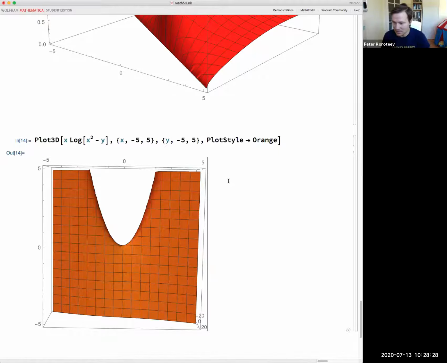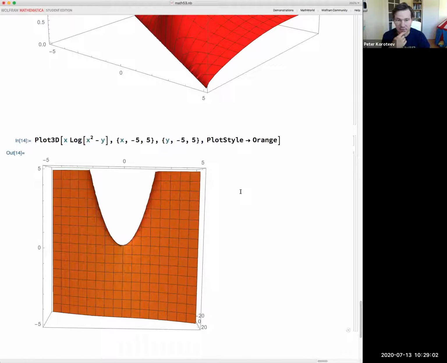So there was a question from Sarah about the domain and range. So Sarah, what's the domain of this function? You can probably tell me by looking at the picture and at the formula. Or anybody else is welcome to answer. So, everything is real.